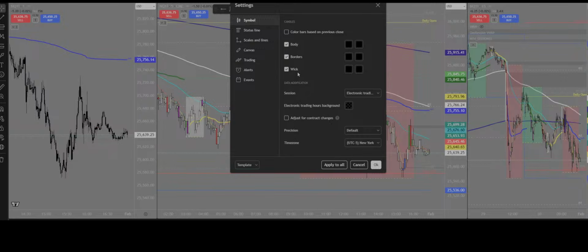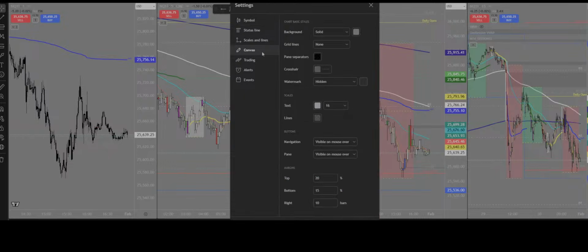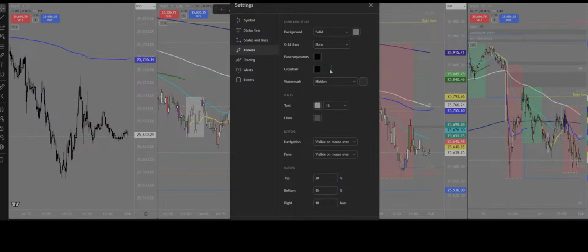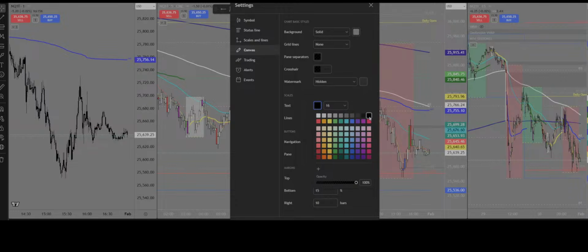Bodies, borders, wick. It's got to be on canvas. Nope, not the crosshair. I think I found it.